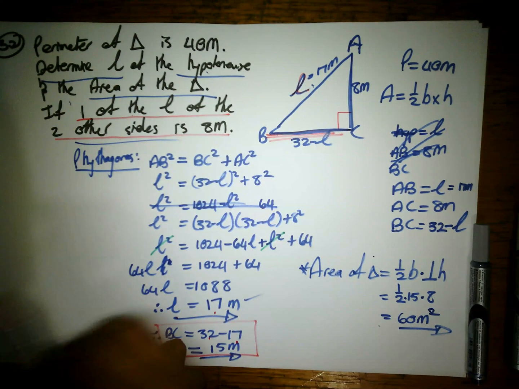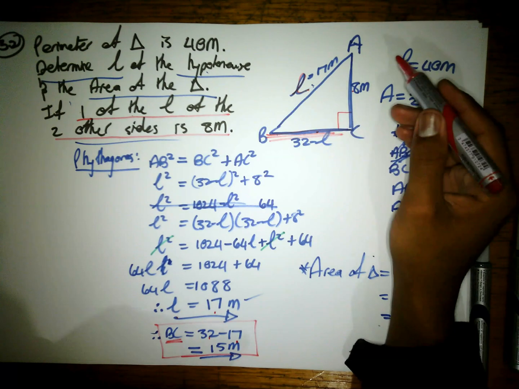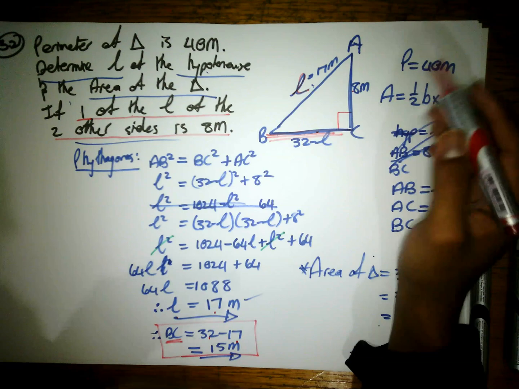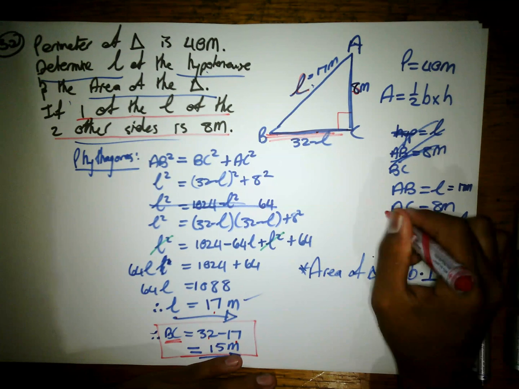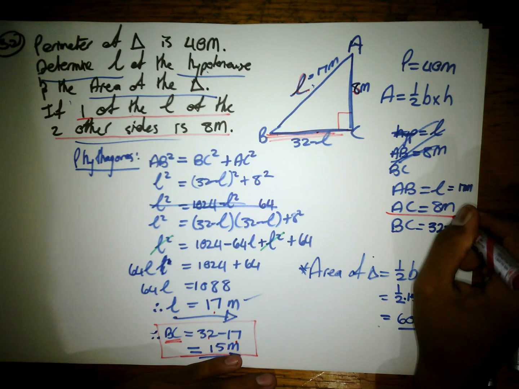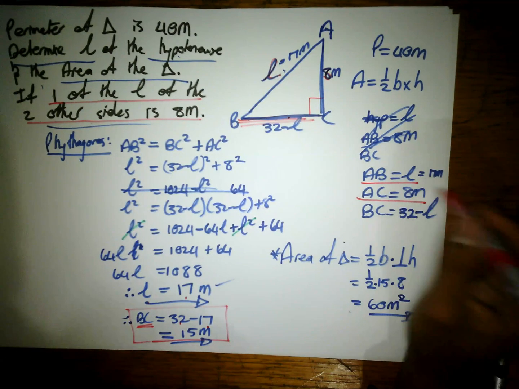That means either this one or this one is 8 meters. It doesn't matter which one you choose, it just has to be 8 meters. So I chose AC as 8 meters and AB as the hypotenuse, the length now.